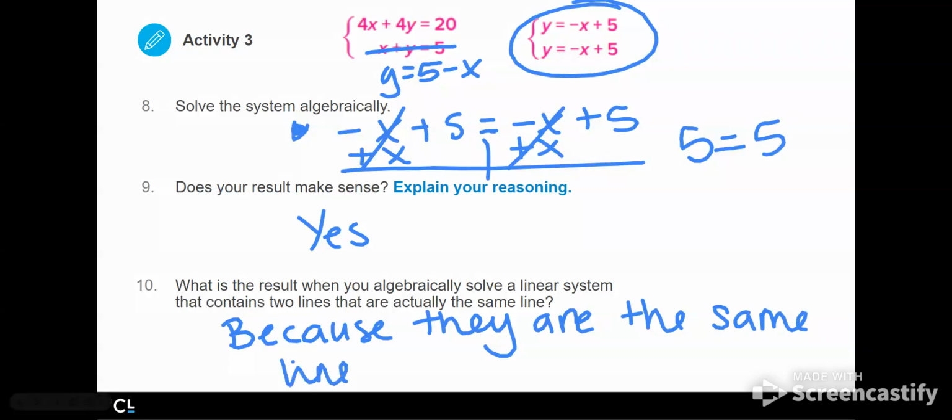So they'll cross an infinite amount of times. So if I've got my graph, and I start at 5, go down 1 over 1. Well, my next line starts at 5, goes down 1 over 1. It's the exact same line. All those little spots on the line that they cross is all the same.